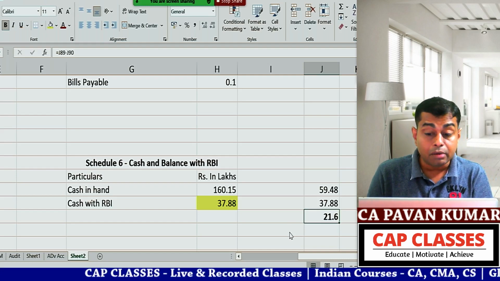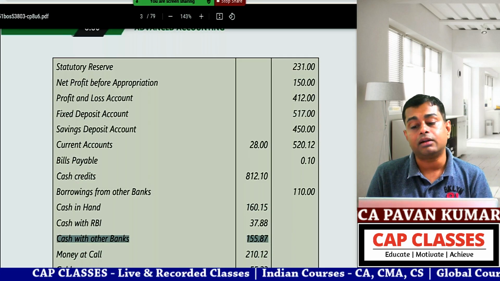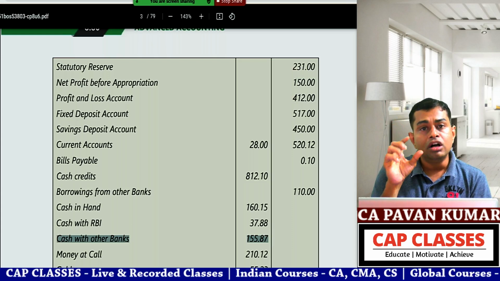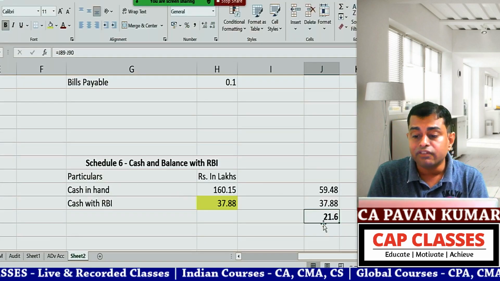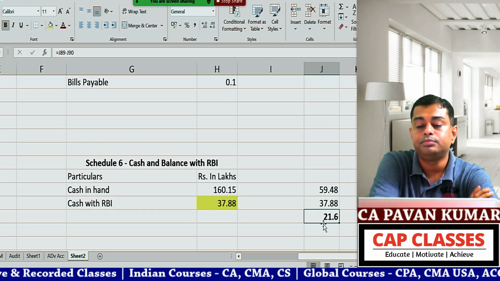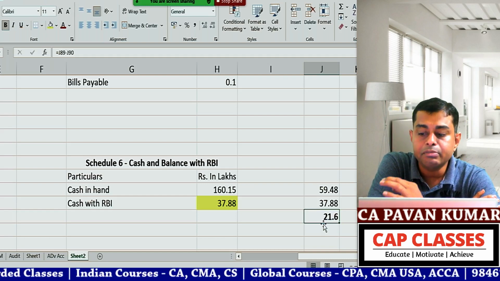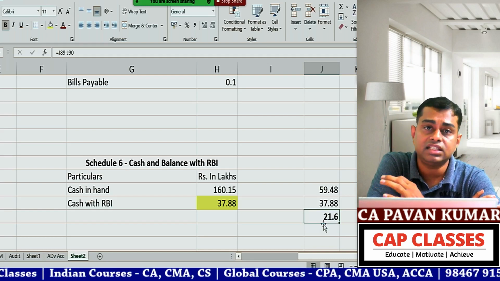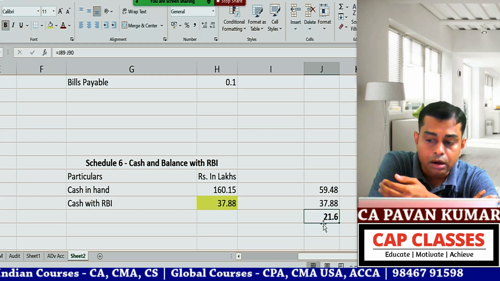We have money with other banks. Look here, cash with other banks 155.87 is there. Immediately what you need to do, from this 155.87 you will subtract this 21.6 and you will put this in the RBI account. Guys, do you understand this adjustment? Every bank has to maintain SLR CRR requirements. CRR should be deposited with RBI.